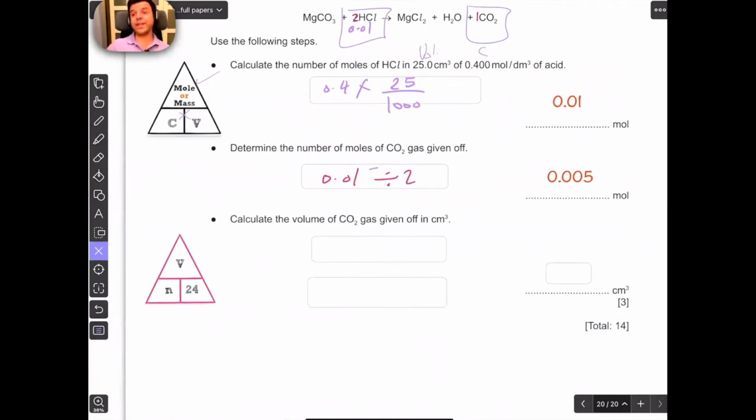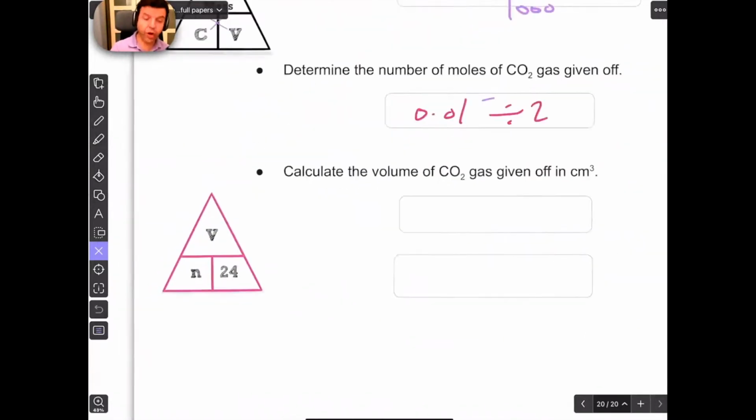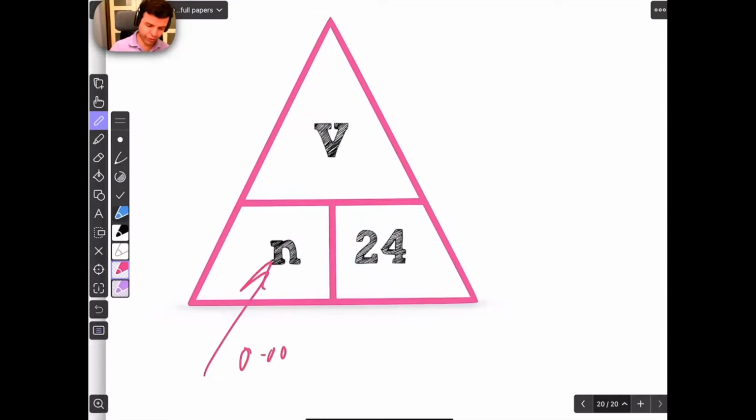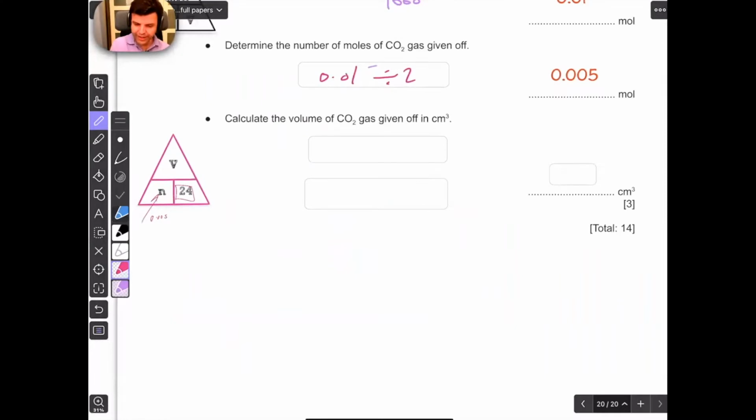Then they said find the volume of the carbon dioxide. How would you find the volume of any gas? It's going to be the moles, which we just found, right? 0.005 multiplied by 24, okay? It's just that they wanted the answer in cm cubed.